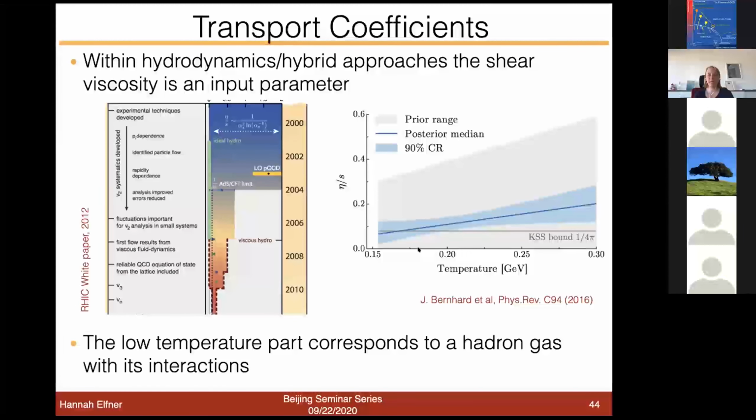So this is from a Bayesian analysis, where you then can have this posterior distribution for this transport coefficient as a function of temperature, and there's some newer result coming along very soon from the Jetscape collaboration, who are improving on this type of Bayesian analysis as well. So there are two ways. So one can either have theoretical guidance and input, for example, from perturbative QCD on what these transport coefficients should be at very high temperature, for example.